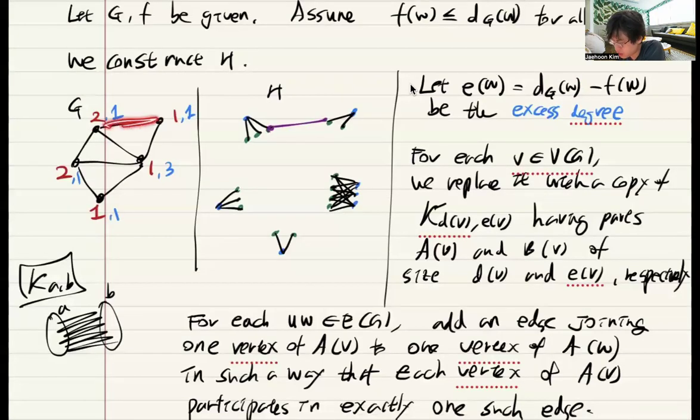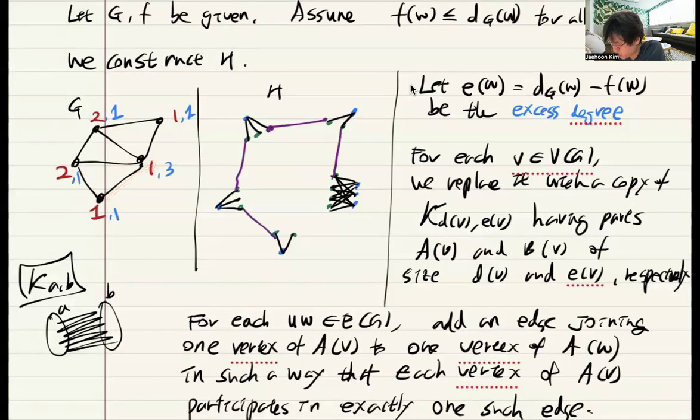So for this edge, you add this. For this, you add this. For this, you add this. And for this, you add this.